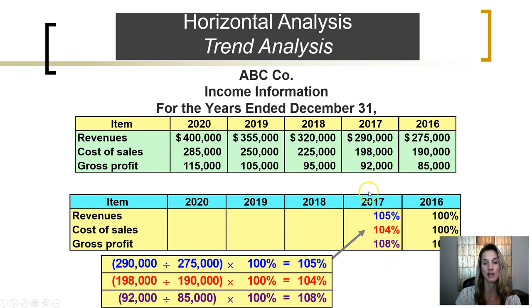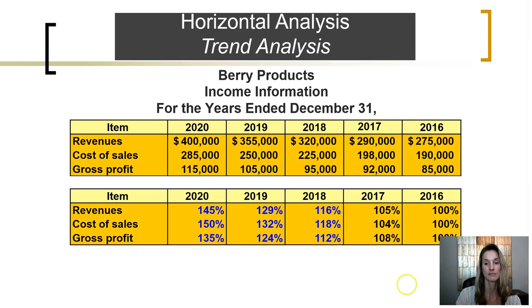Do the same for cost of sales. $198,000 cost of sales in 2017 divided by $190,000 in the base year. 104%. 2017's cost of sales were 104% of 2016.